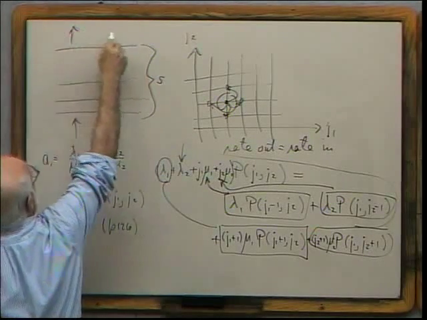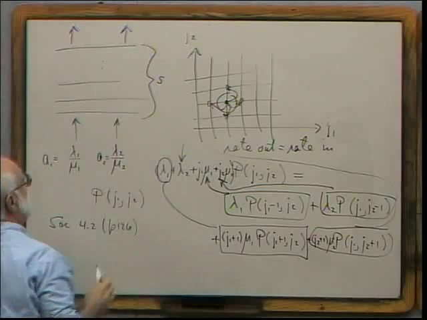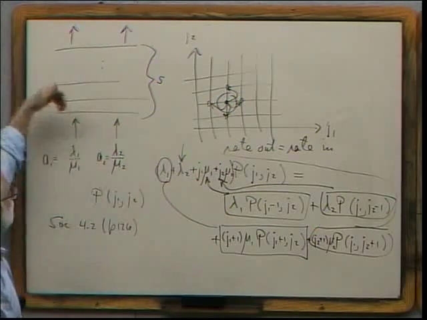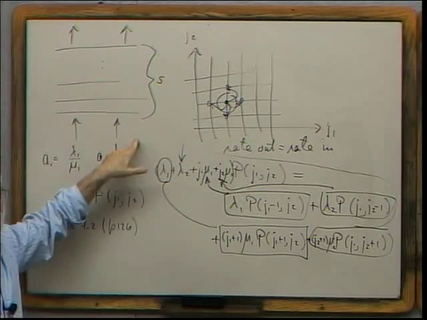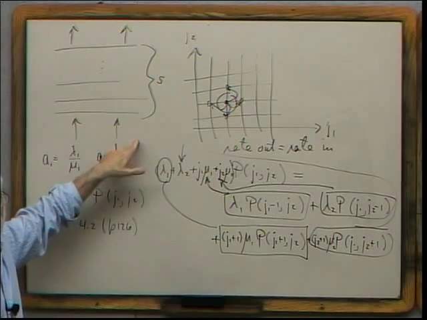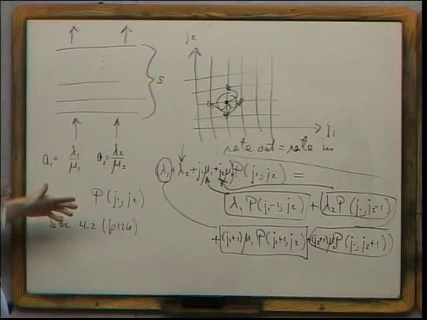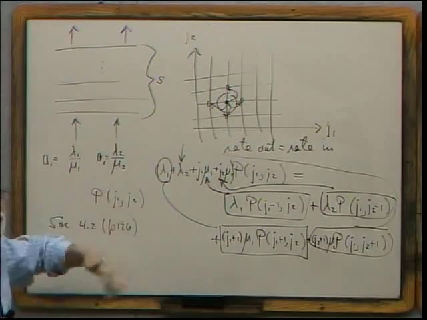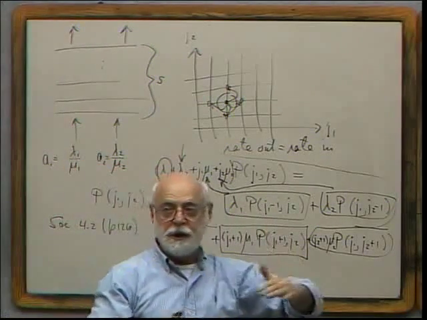But clearly, the number of customers from stream 1 and the number of customers from stream 2 are not independent of each other. Because, for example, if I told you that there are S customers from stream 1 in service, then you know that there can't be any customers from stream 2 in service, because the total number of customers in service can't be more than S.